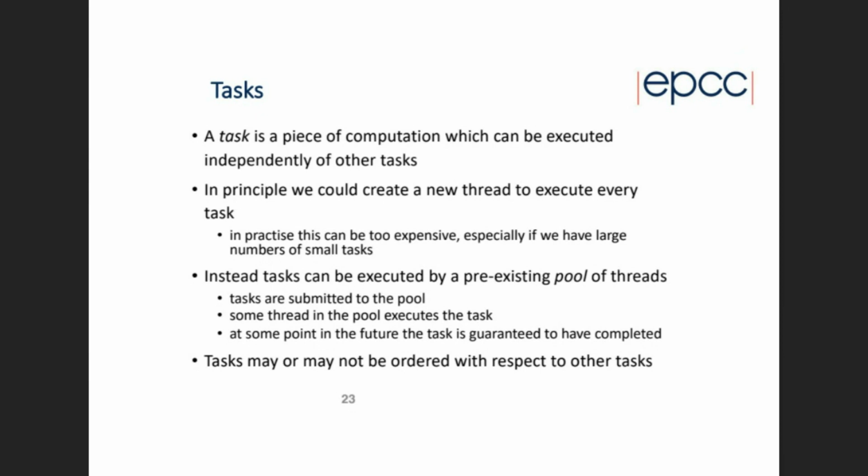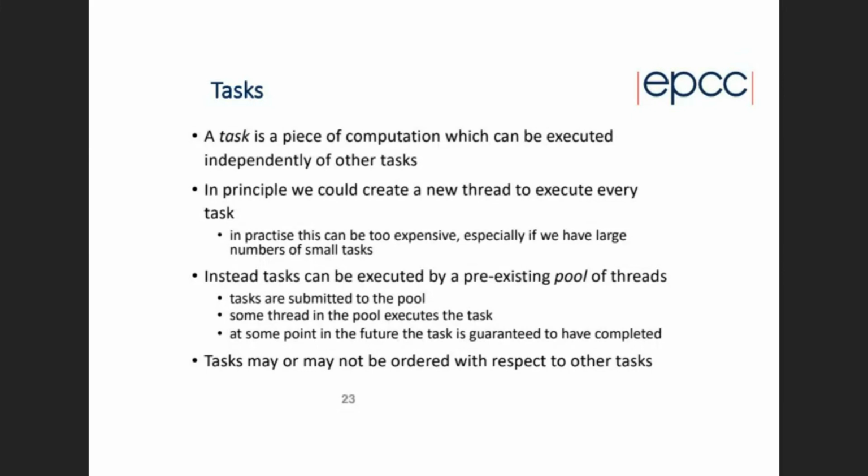Instead, the way it typically works is that tasks can be executed by some pre-existing pool of threads. What typically happens is that we will create a fixed number of threads at the start of the program, and that number of threads will typically be mapped to our hardware resources.